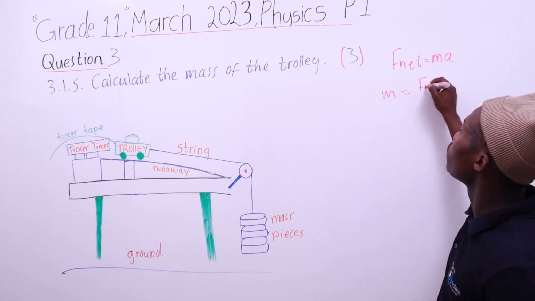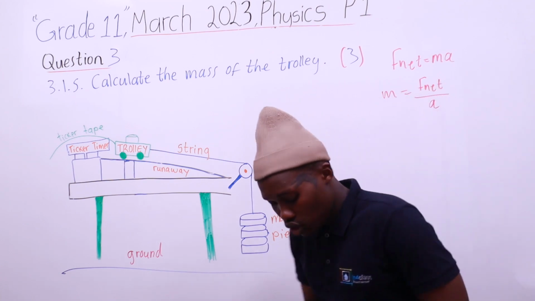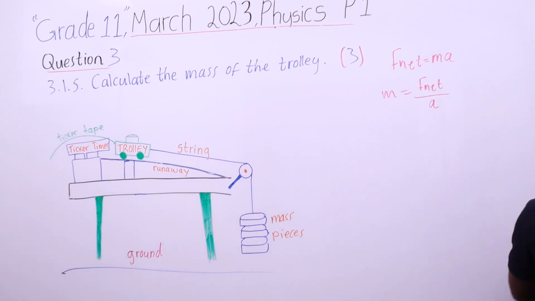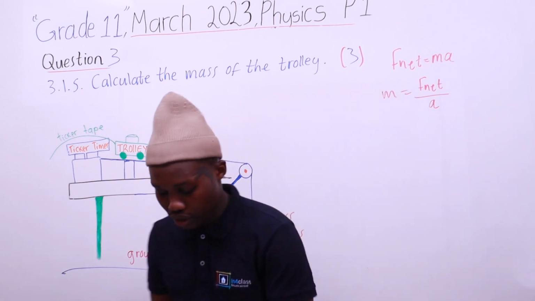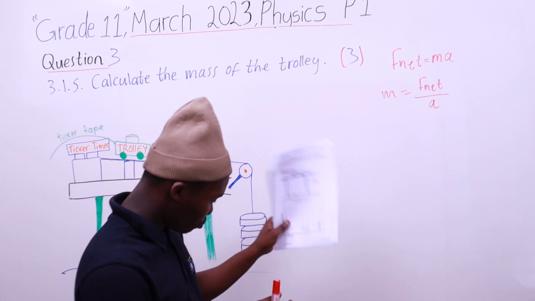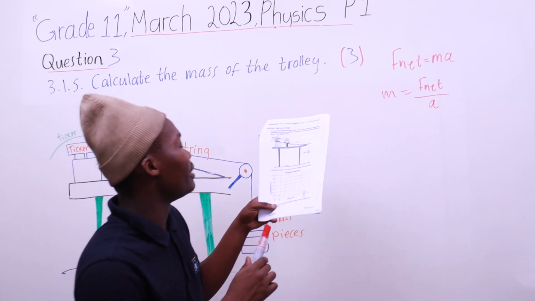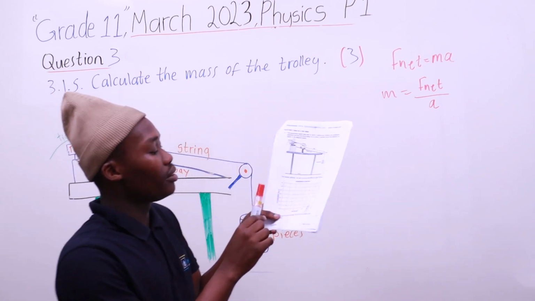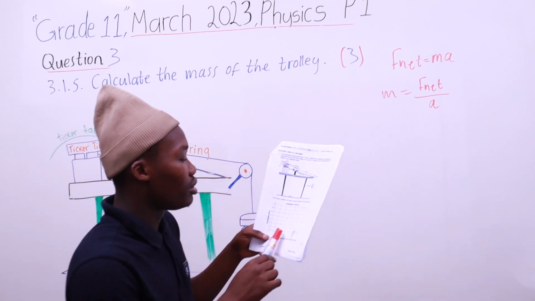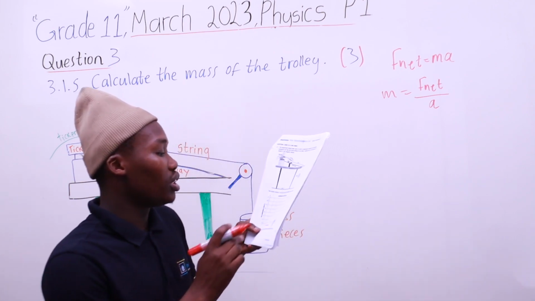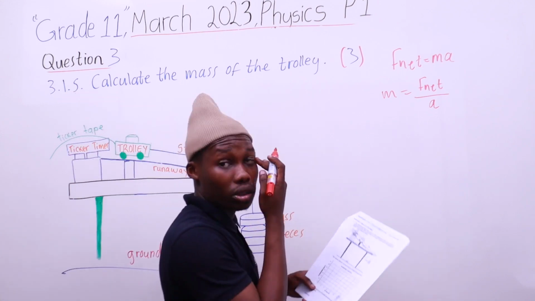So M is equal to F net all over A. So from the graph you were given, in the question paper you are using, go back to it and look for two points that correspond, just like 0.05 and 0.1, just like 0.1 and 0.2, just like 0.2 and 0.4, just like 0.25 and 0.5, just like 0.35 and 0.7.